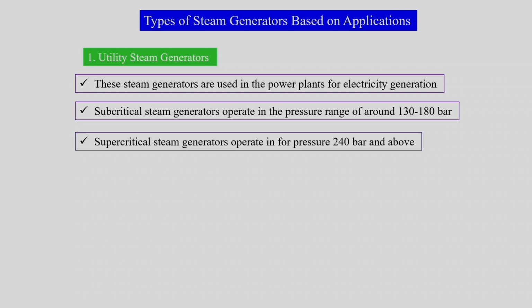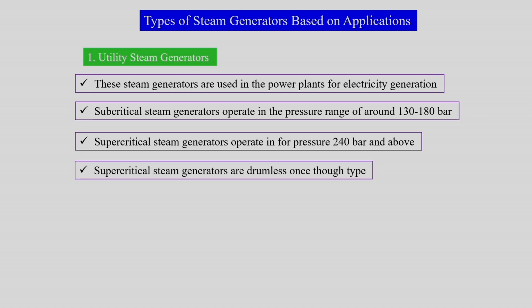Further, supercritical steam generators deal with steam of pressure more than 240 bar. Supercritical steam generators are drumless and once through type, where water will go once, get heated, and get converted into steam.